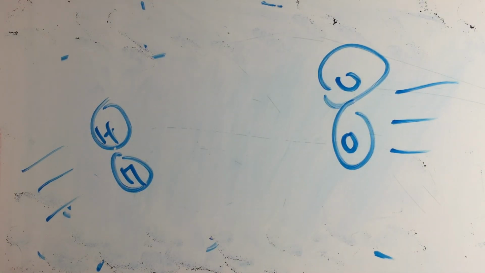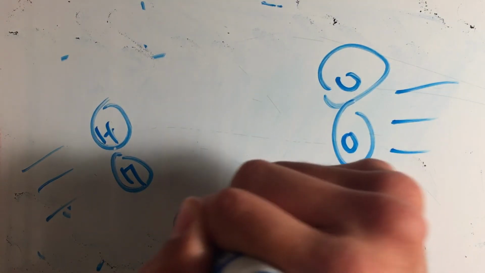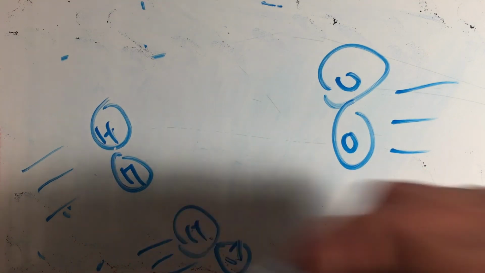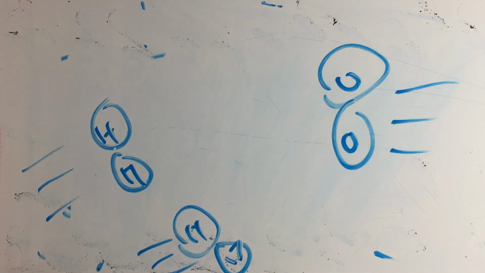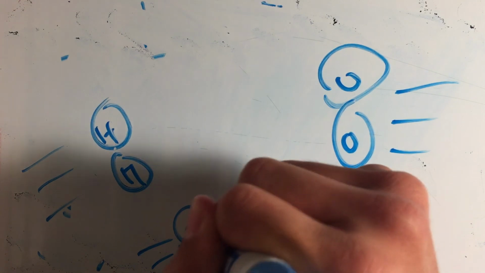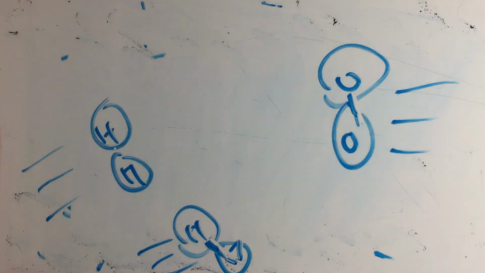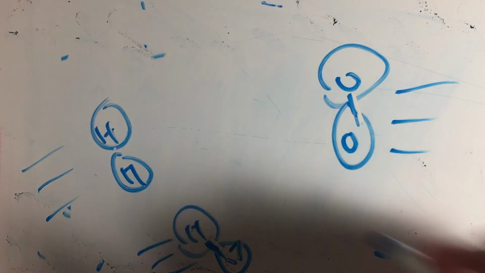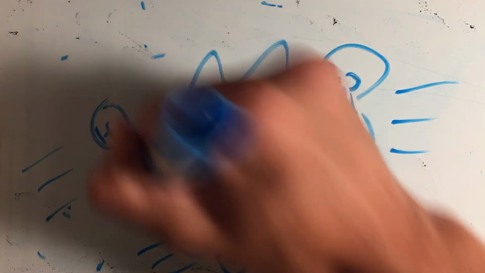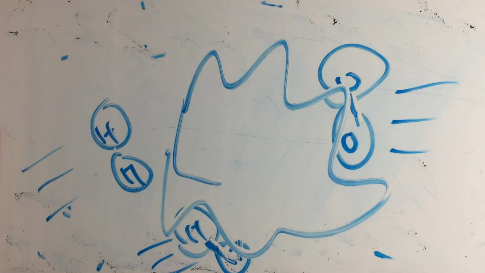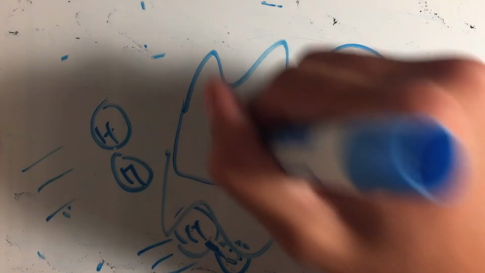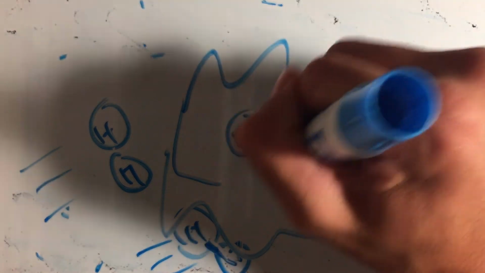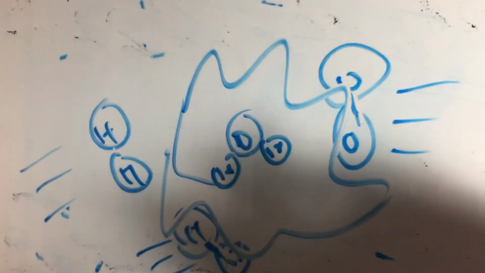However, they're both diatomic molecules, so they have 2 atoms per molecule. This means that there are intramolecular forces in between the atoms. Now, in order for them to actually produce H2O, they must react with enough energy to break the intramolecular bonds inside of them, ultimately forming 2 water molecules.